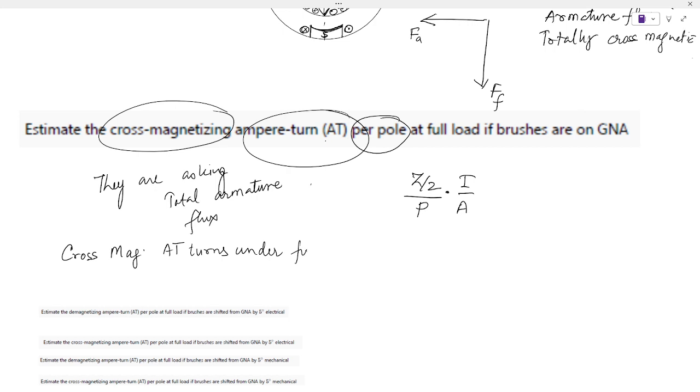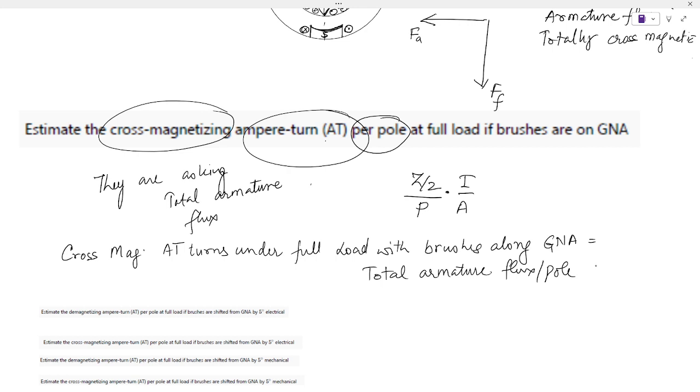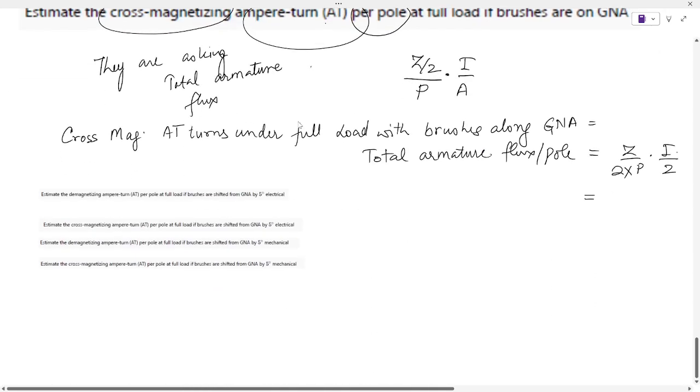Z, how much they have given? 128. 128 into 2, into pole is 2, into current is 28.